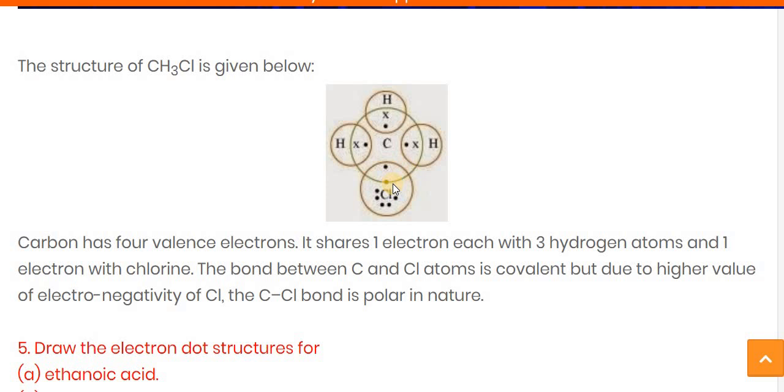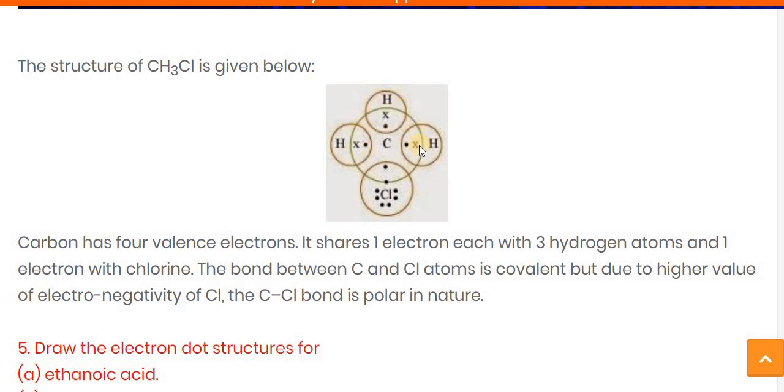And Cl, the chlorine, possesses 7 electrons in its outermost orbit. For the completion of the orbit, this chlorine requires 1 electron, so this 1 electron is shared by the carbon. And here also the carbon and hydrogen share 1 electron, here also, here also. So the hydrogen valence is done.